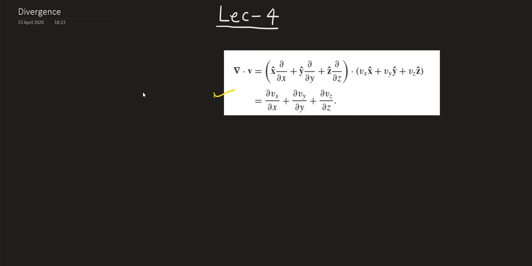The expression is written here. When we define the divergence mathematically, this is the divergence. When you take the dot product of the del operator with any vector function, so when you are writing del dot V, this is simply the operator which we also discussed in the last lecture when we were discussing the gradient. So this is just an operator.